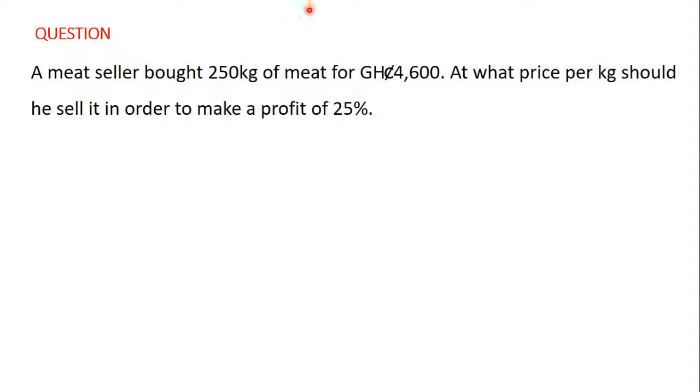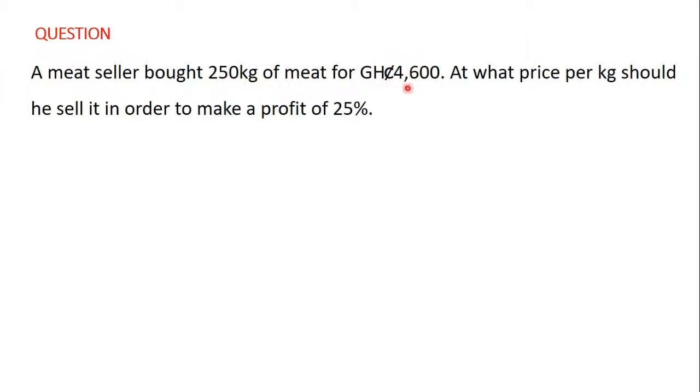So the meat seller paid 4,600 Ghana cedis for 250 kilograms of meat. The question is asking us to find the selling price per kilogram if the profit percent is 25%. So in order to find the selling price per kilogram, we will first need to find the selling price for all the 250 kilograms of meat.